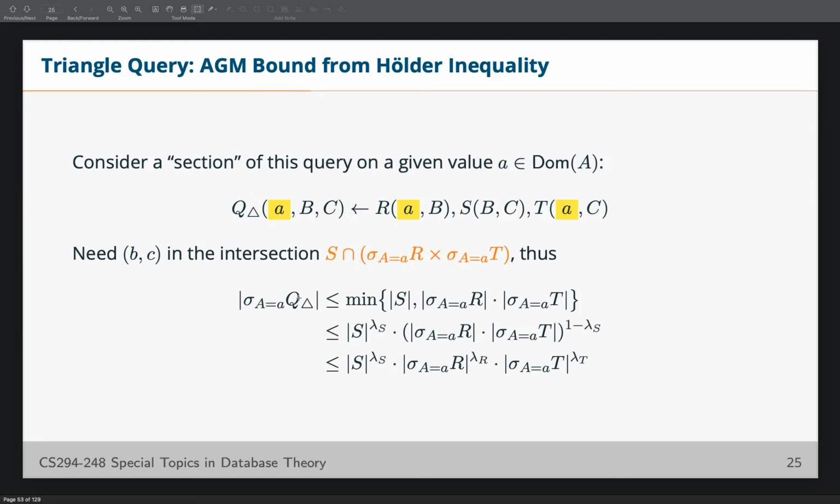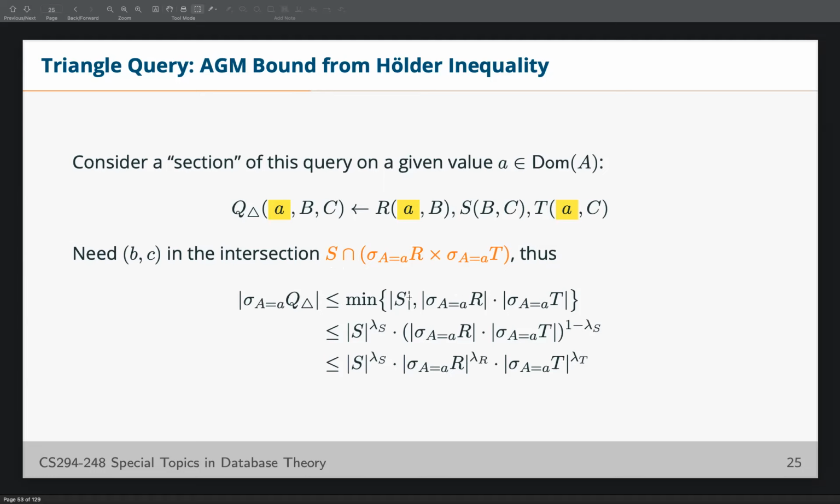Now, what that means is that the intersection of two sets is bounded by the minimum of the two sets. It certainly cannot be more than the minimum of the two sets. So the quantity we want, all of the triangles with the fixed A, is bounded by the minimum of these two sets.